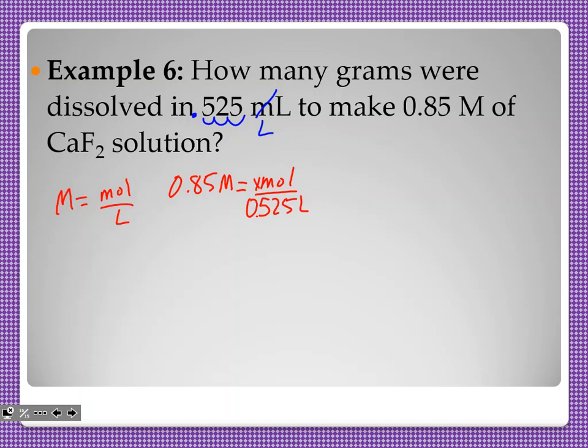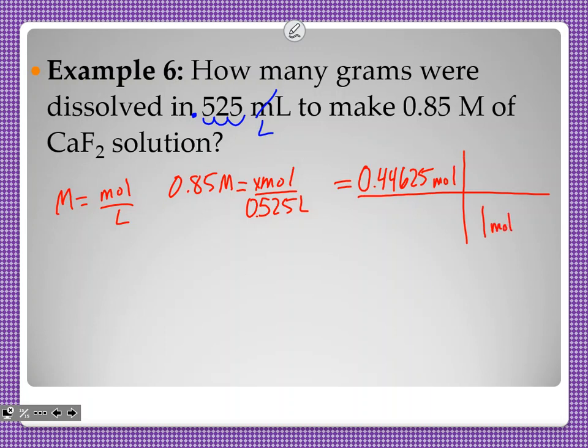You want to reach the end. So we get the moles by multiplying our 0.525 by our 0.85, right? That gives us this number. Like I said, we don't really want to round yet. This is the moles. We need to change this over into grams.